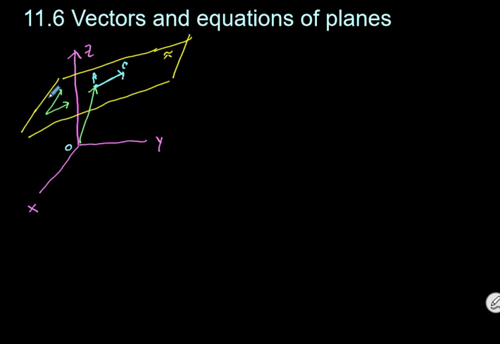So if we call this one U right here and this one V, good, then we can write the vector equation of the plane.